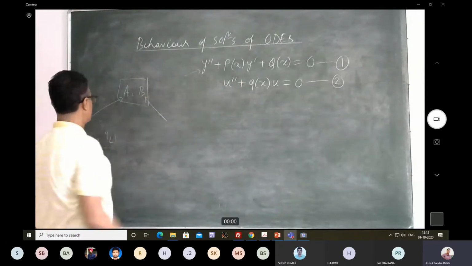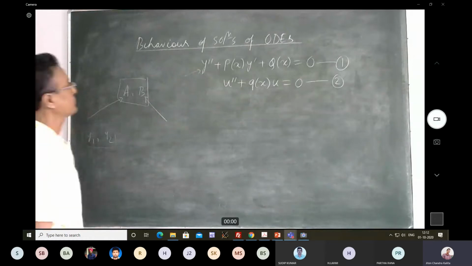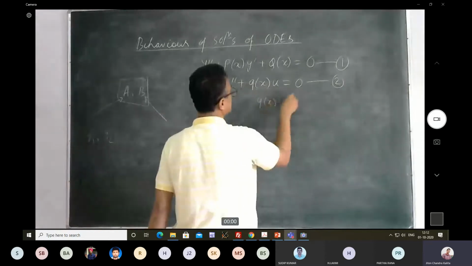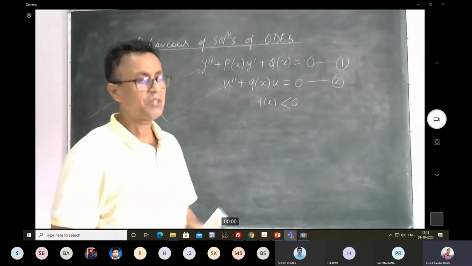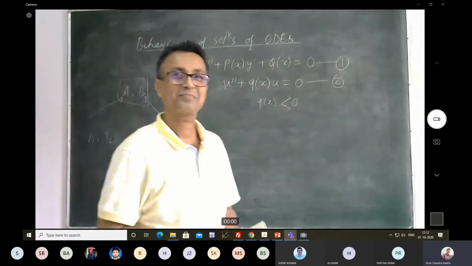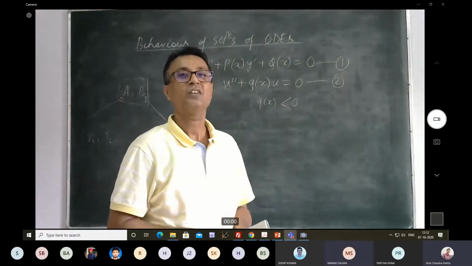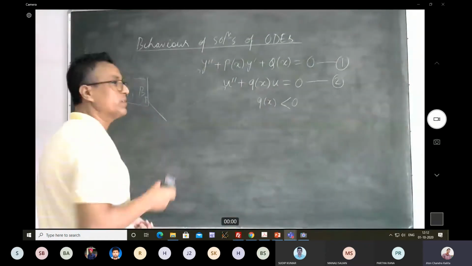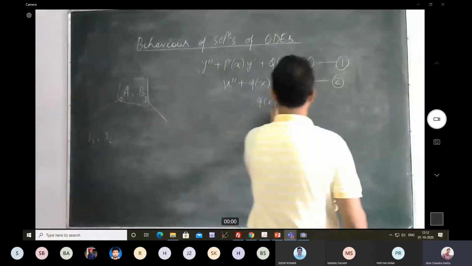In the second theorem, we considered this equation where q(x) is strictly less than 0. Then what does it say? Can somebody tell me? u has at most 1 zero. Okay, fine.